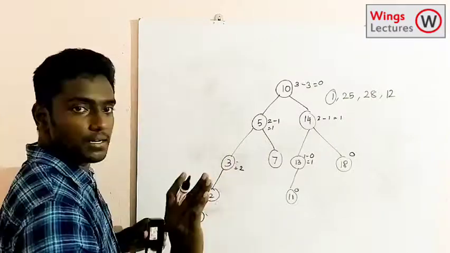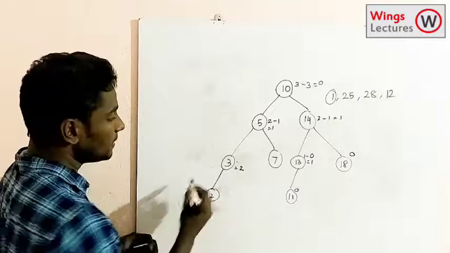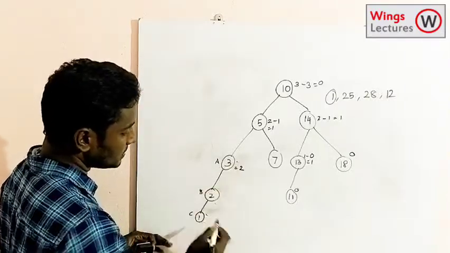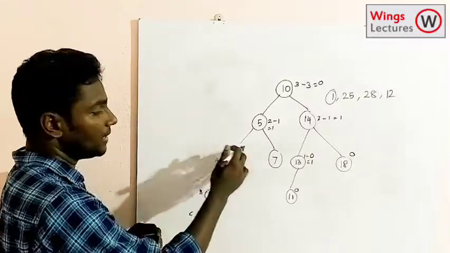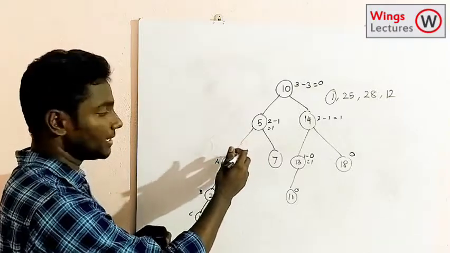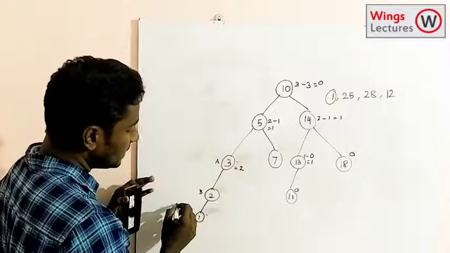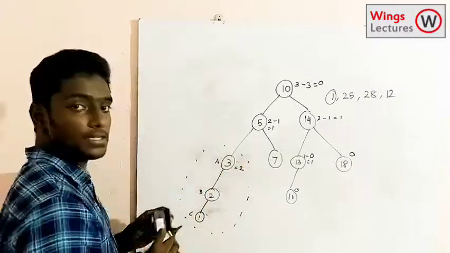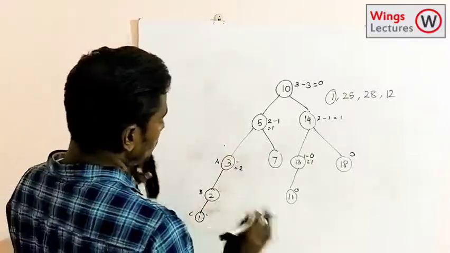Now see here, I already explained this in left rotation. So just take A, B, C. What we have to do is bring the middle element into the position of the root node. Here it's not a root node, but you have to consider this as a separate tree for rotation. Let me explain how to do this.